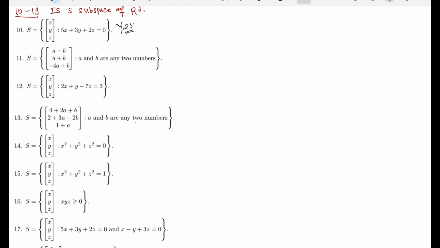Now we can take any two vectors that belong to this set S. I will try to keep the same form. Let's say any other real numbers c1 and maybe d1, and for the second vector I will keep this form, but with different numbers, so that we have different vectors from this particular set.